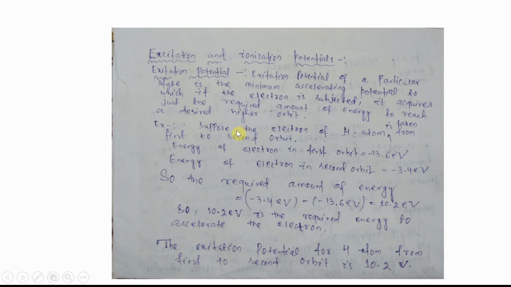To clarify the concept of excitation potential, we take an example. Suppose the electron of a hydrogen atom is taken from the first to the second state. In the first state, that means the ground state, the energy of the electron in the first orbit, as we already know, is minus 13.6 eV, and the energy of the electron in the second orbit is minus 3.4 eV.